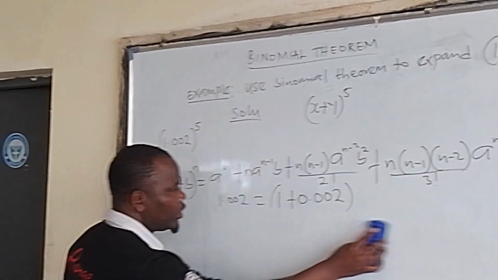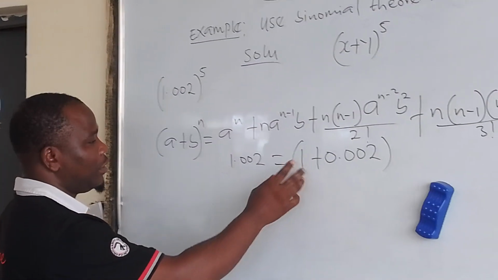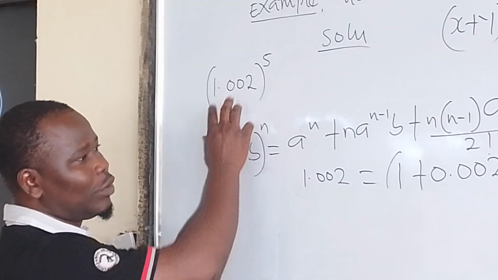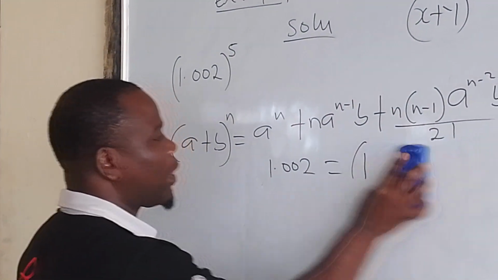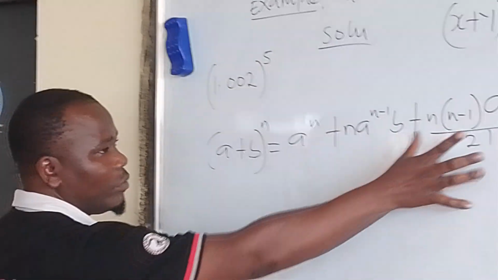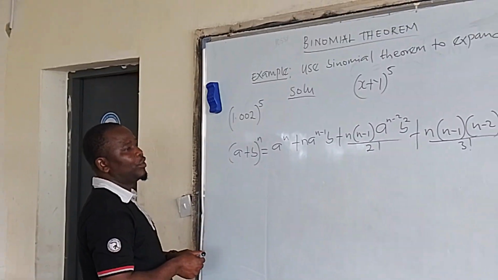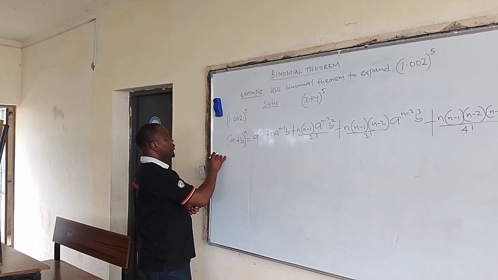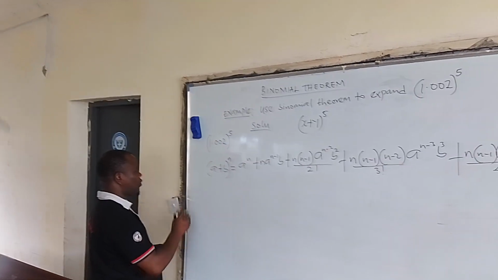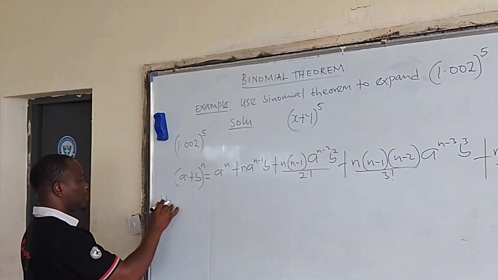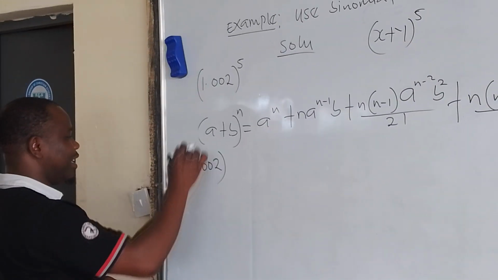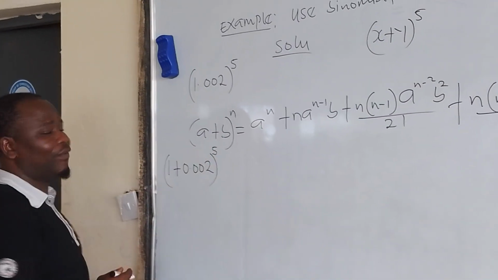Just press your calculator. This one plus this will still give you back this. Okay. So let us look at this. Let's solve it together. We are going to make use of this formula. So now here we write, instead of 1.002, 1 plus 0.002, all in bracket, raised to the power of 5.